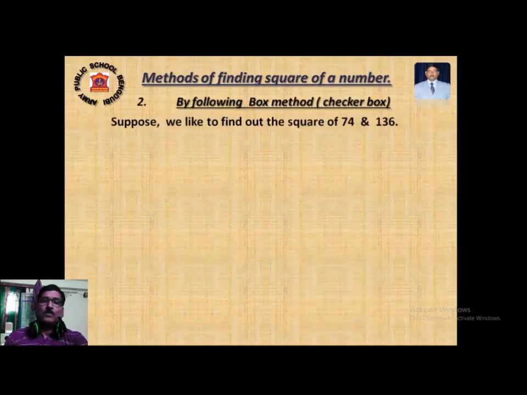Now, by box method we can find the square of a two-digit number, three-digit number, or four-digit number, any number. The procedure is the same. Suppose I would like to find the square of 74 by the box method, or checker box method.